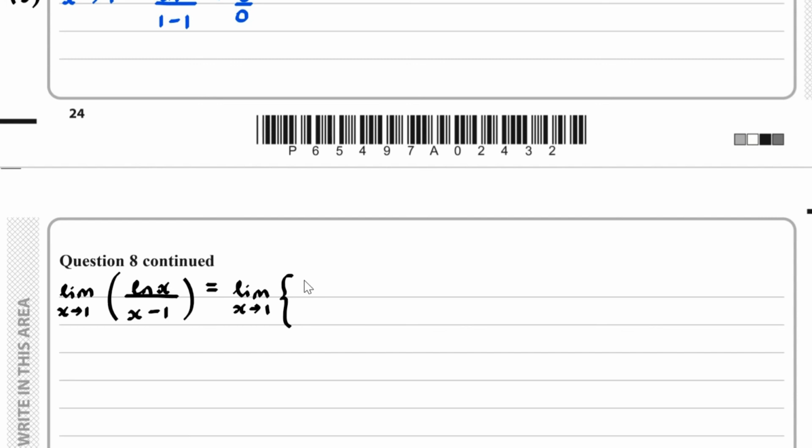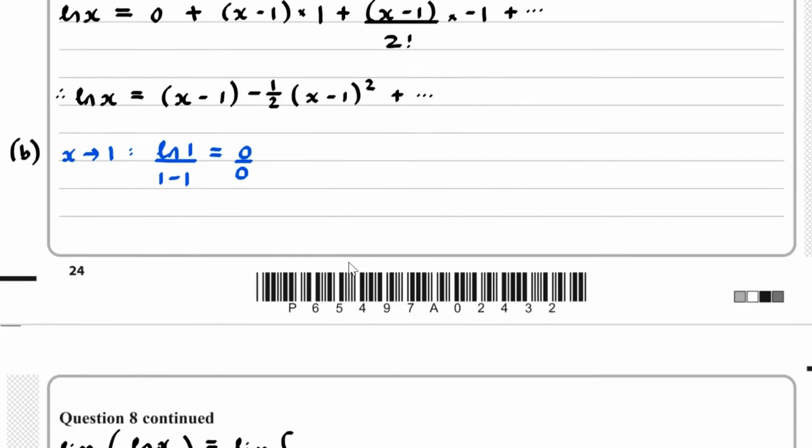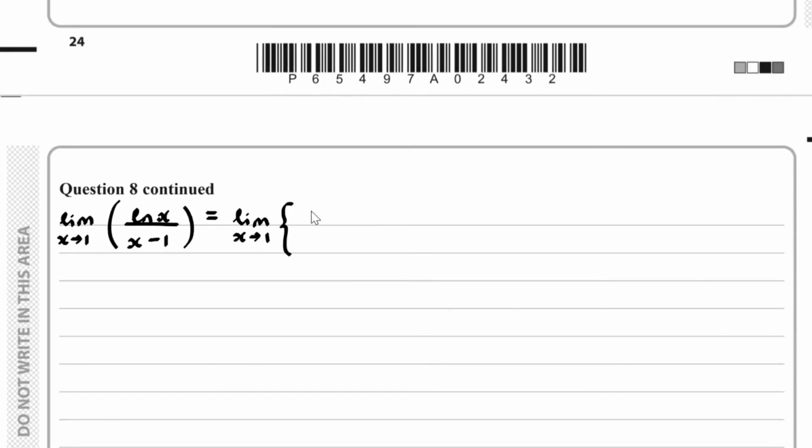Now here we need to use our result which we found previously, so we've got x minus 1 minus 1/2 times by x minus 1 squared plus higher order terms, and then on the bottom I've got x minus 1.